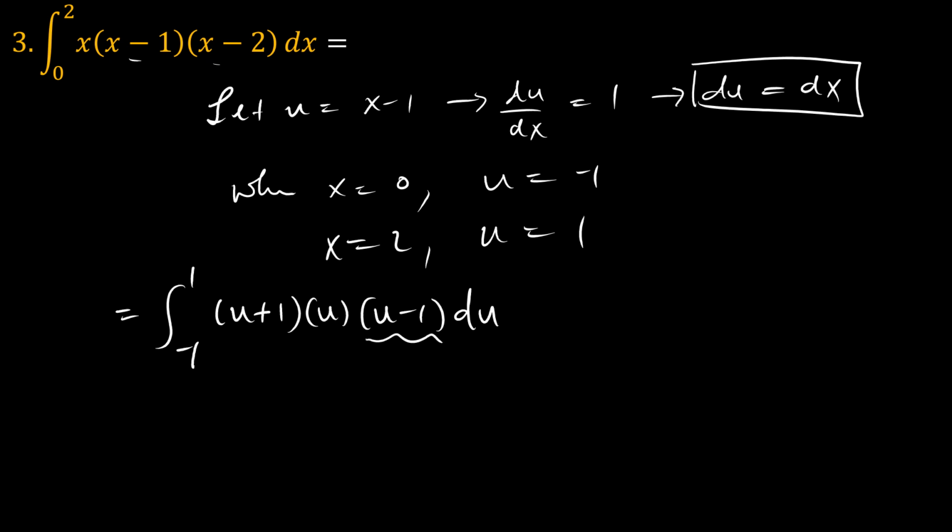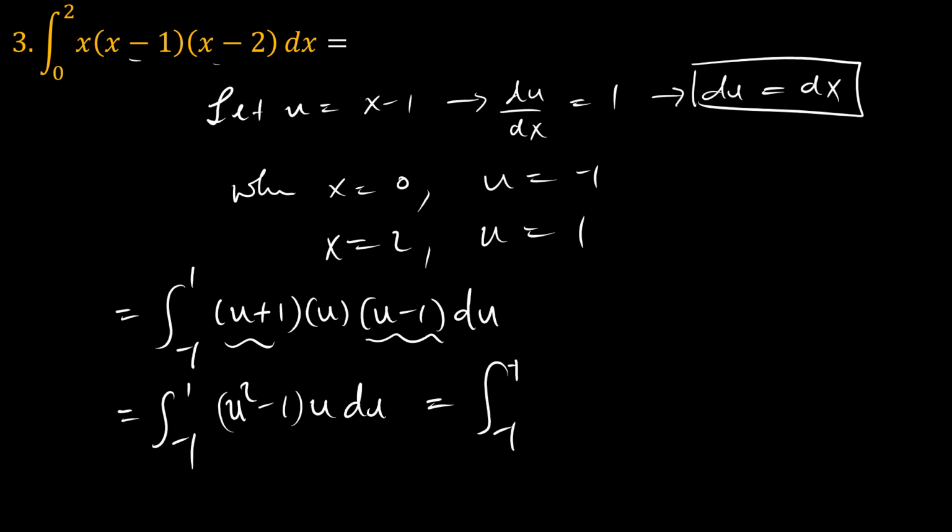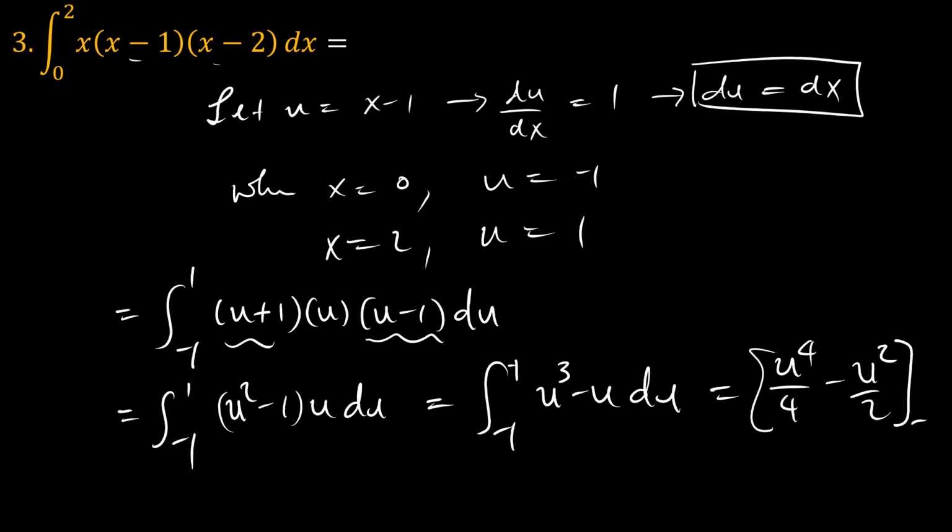As we can see here, we have a difference of two squares, so the problem becomes the integral from u equals negative 1 to positive 1 of (u squared minus 1) times u, which equals the integral from negative 1 to positive 1 of u cubed minus u, and the integral results in u to the power 4 over 4 minus u to the power 2 over 2 with the limits negative 1 and positive 1.